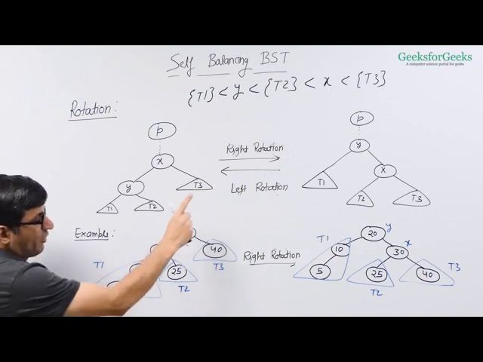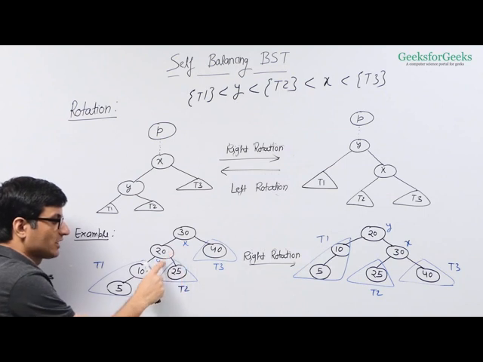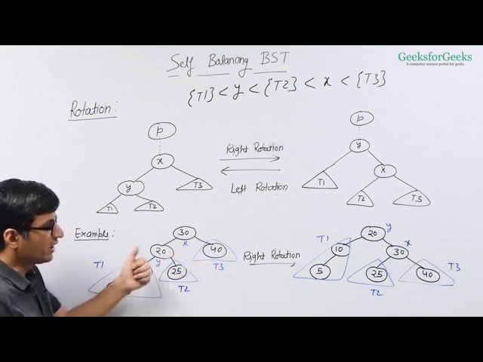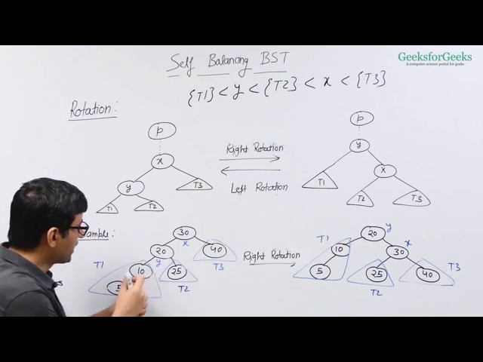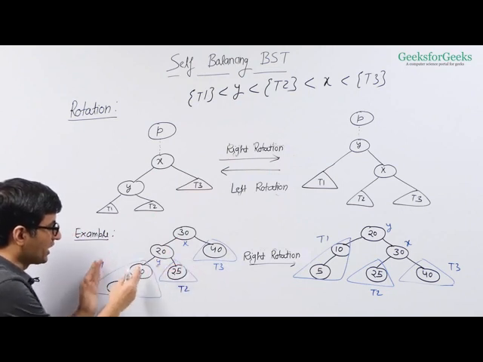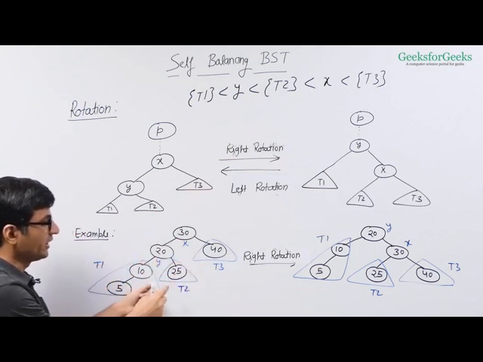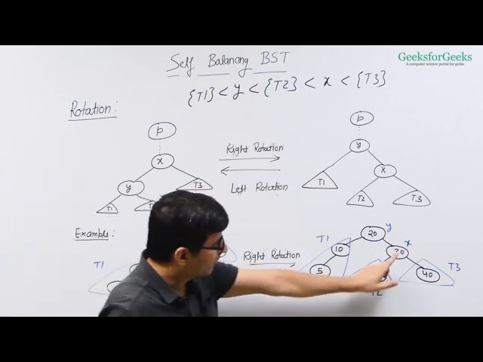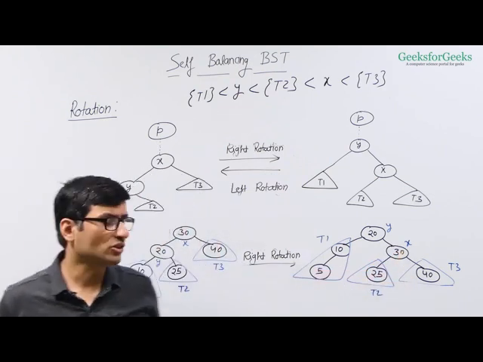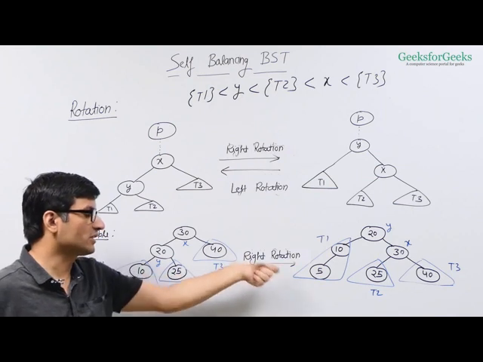You do this right rotation. You have this as X, this as Y, this is T1, this is T2, and this is T3. And then you do right rotation. You bring this particular 20 at the top. You bring T1 as left of Y. You bring T2 as left of X and T3 as right of X. And this is how your BST becomes balanced.